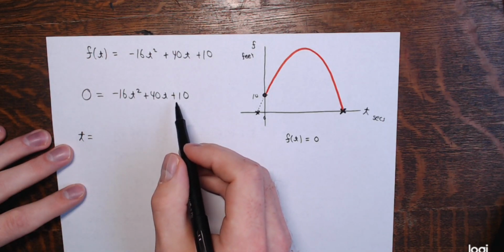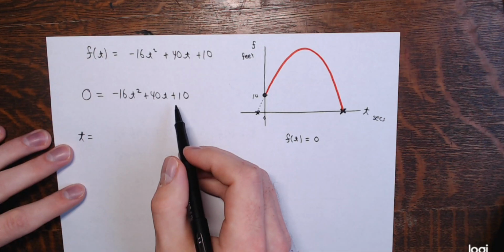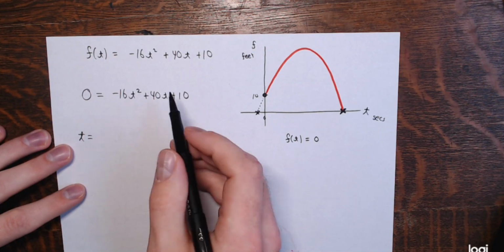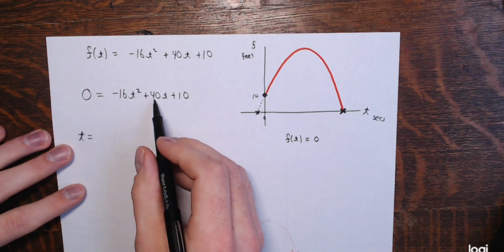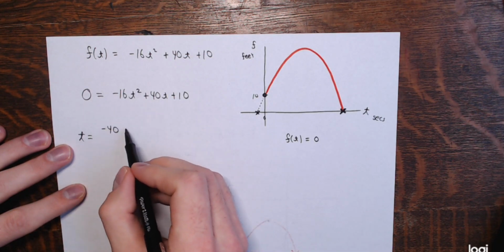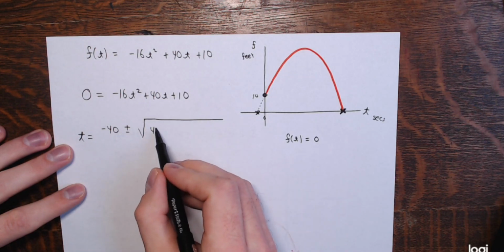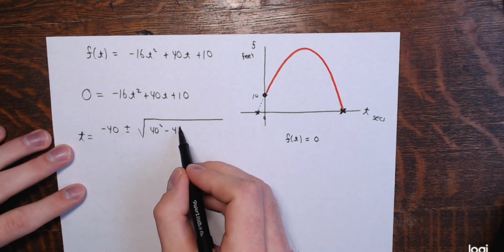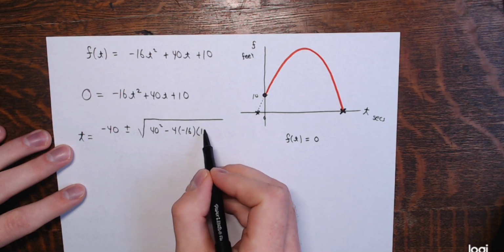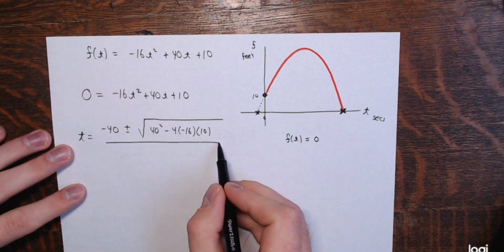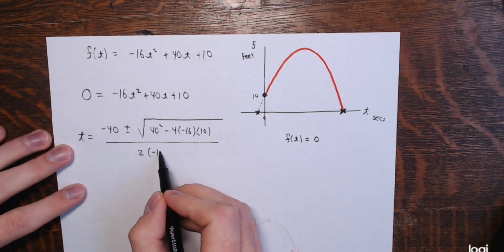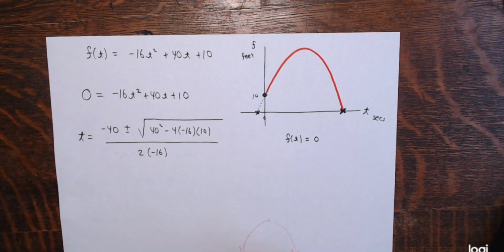They're all multiples of 2, but I'm just going to punch in the quadratic formula. So the opposite of b, negative 40 plus or minus square root of 40 squared minus 4 times a is negative 16 times c is 10. And all this divided by 2 times a, which is negative 32 in the denominator.